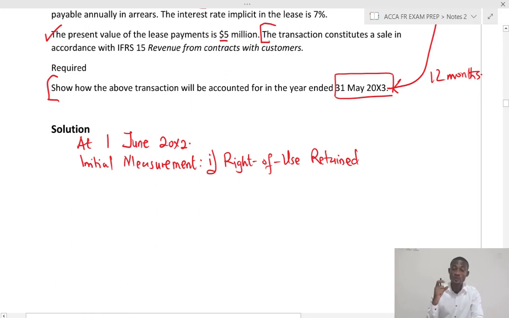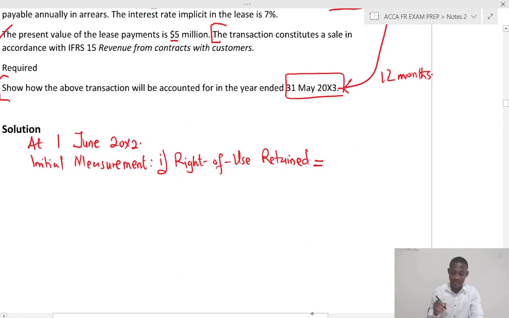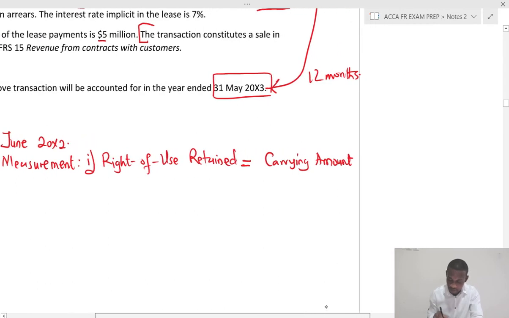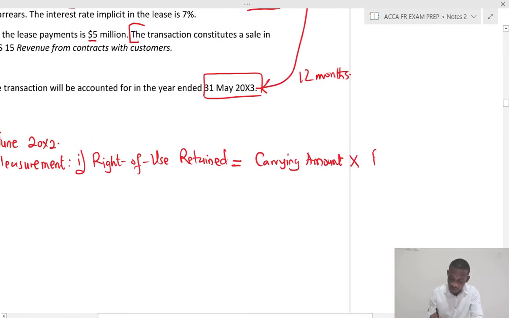So the right of use asset retained, and this is a must-learn formula. The right of use asset retained is equal to the carrying amount of the asset times the present value of the lease divided by the fair value.